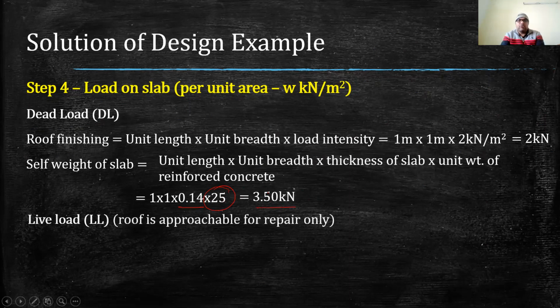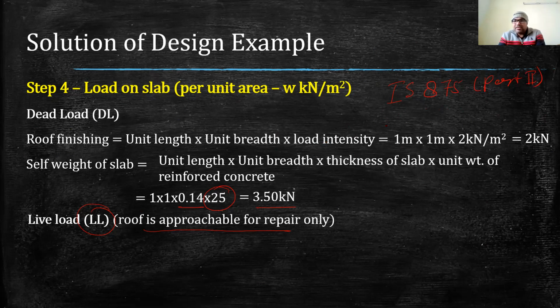Now the next load will be the live load. As in the question, it is already mentioned that the roof is approachable for repair only. Here we need to understand that the live load is recommended in IS code 875 part 2. It is about the live load recommendations for different types of structures or different types of area.